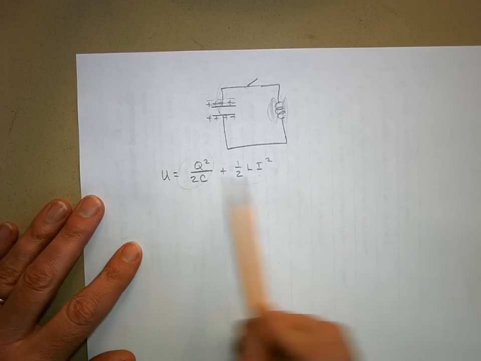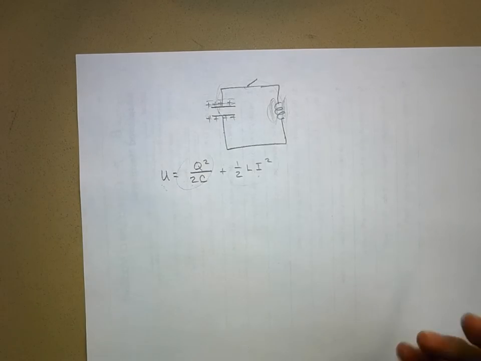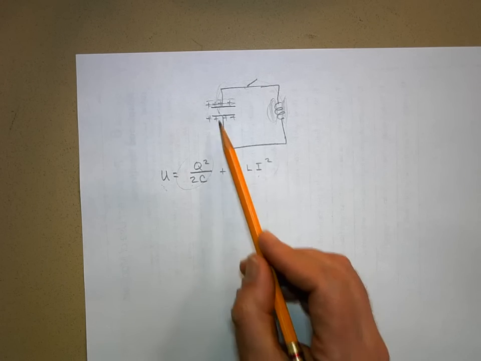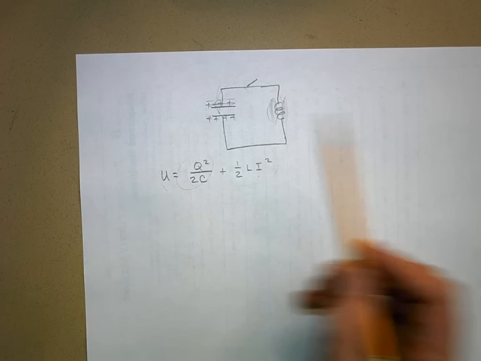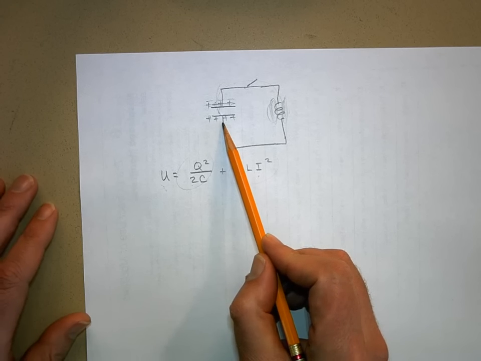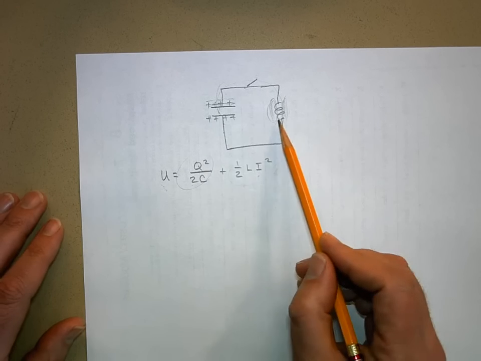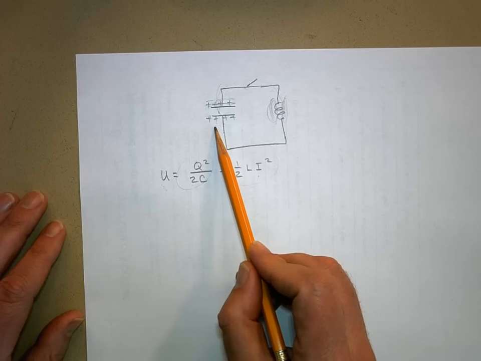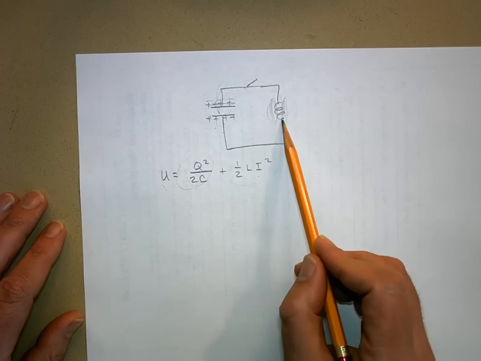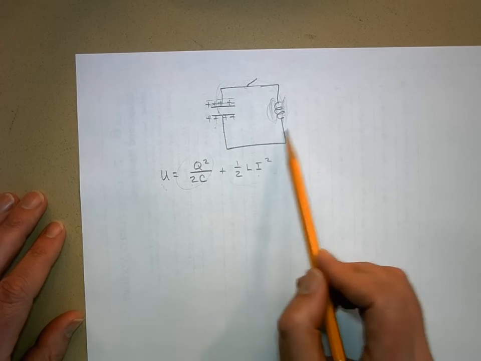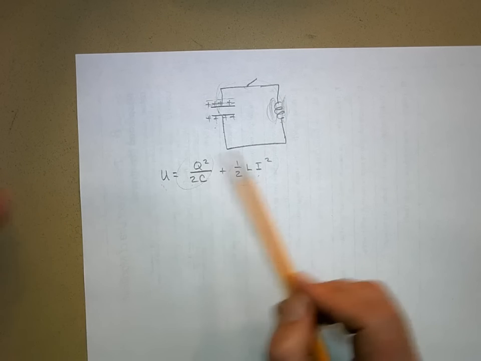Well, these two together have to add up to the total energy we started with, which was, depending on where you want to start. You want to start where all the energy is on the capacitor, you could do that. Or you could start where there's no charge on the capacitor and you've got maximum current, so all the energy is in the inductor. You could do that.